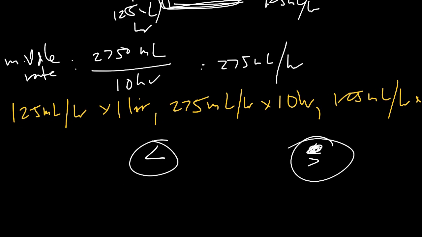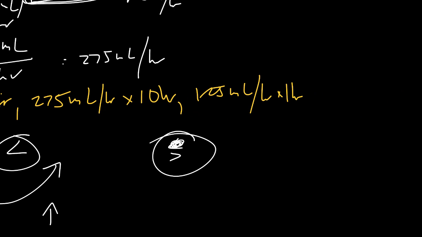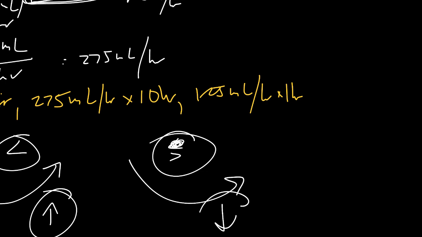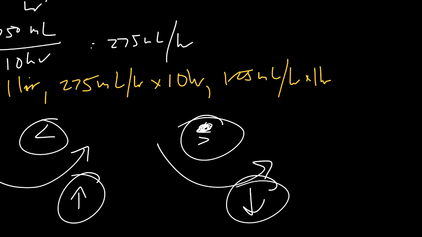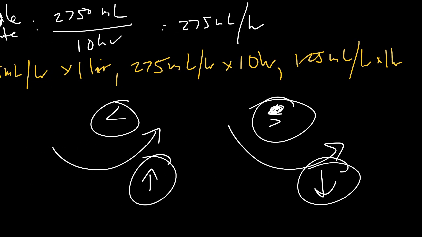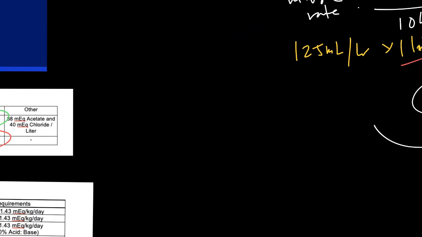Because remember, you're tapering up here and tapering down here to avoid both hyperglycemia going up and hypoglycemia going down. And this shows that you have a 12-hour period: 1 hour plus 10 is 11, plus 1 is 12. 12 hours is correct.